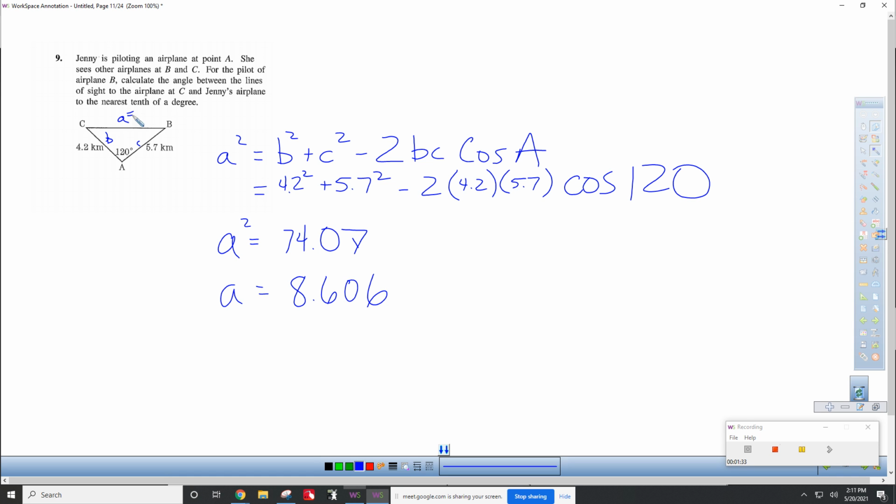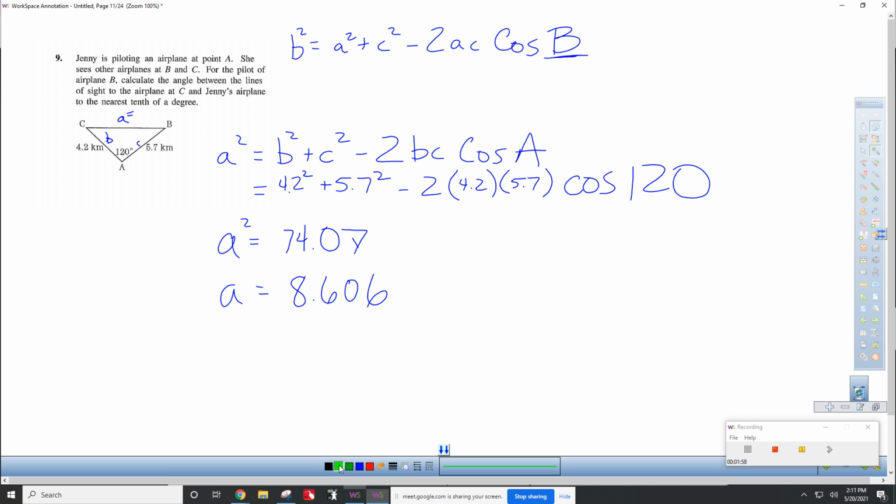So now to find b, we want our b to be capital, so we'll do b squared equals a squared plus c squared minus 2ac cosine of b. All right. Why did I choose that one? Because this is the angle we're looking for, and we now know everything else.